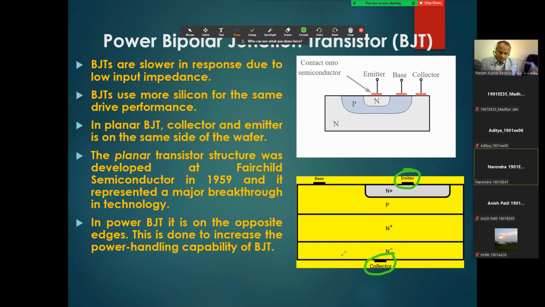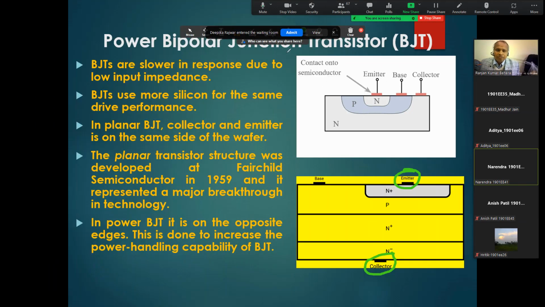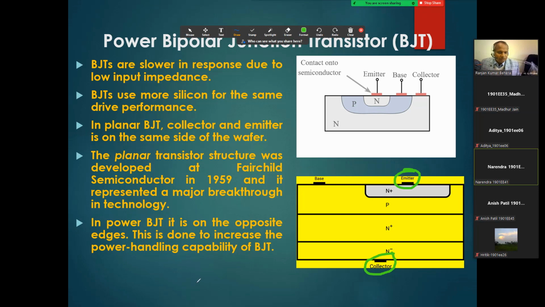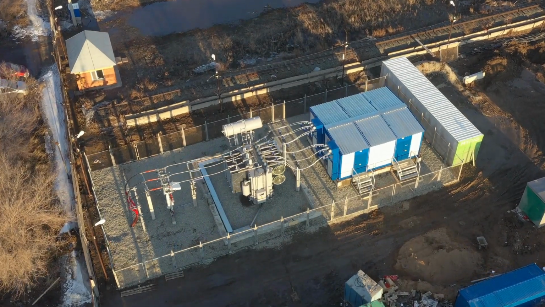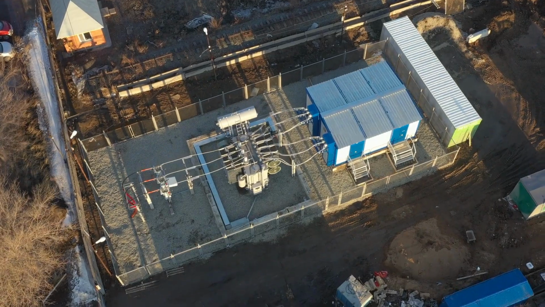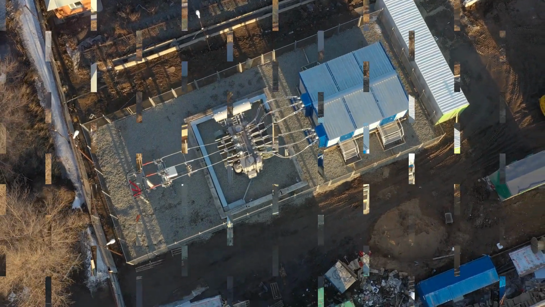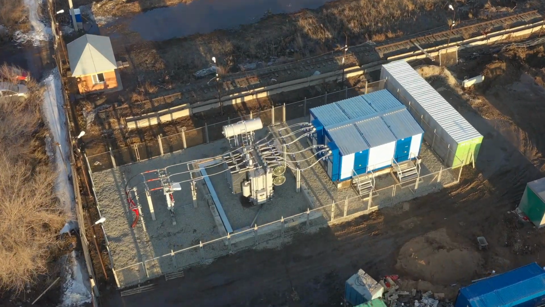Because this opposite arrangement can handle a large amount of power; it can block a large voltage. Sometimes in a power system, if you have a very high voltage and two electrodes nearby, the air gap will form a conducting surface by moisture.